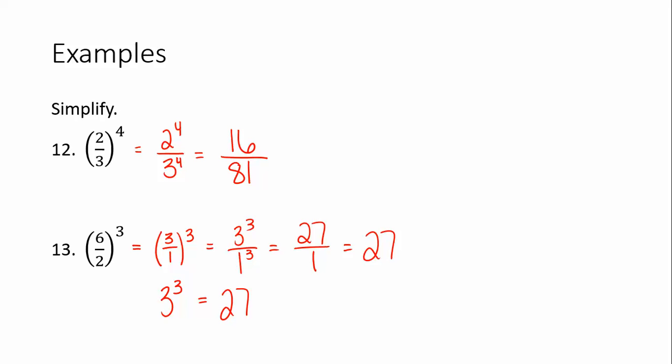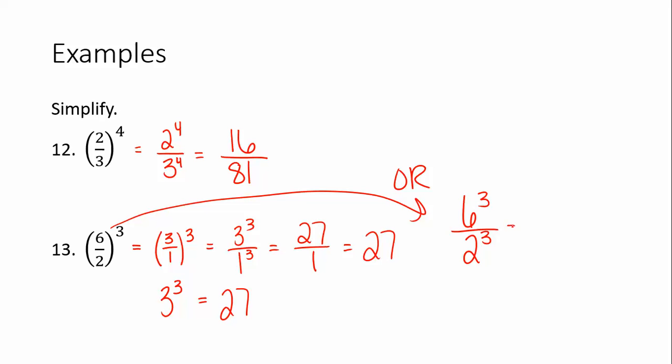If you had not simplified first, the other option is 6 to the 3rd over 2 to the 3rd. 6 to the 3rd is 6 times 6 times 6, which is 216. 2 to the 3rd is 8. Now this does need simplified.